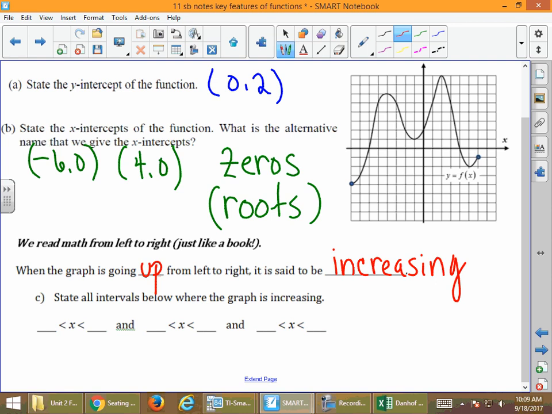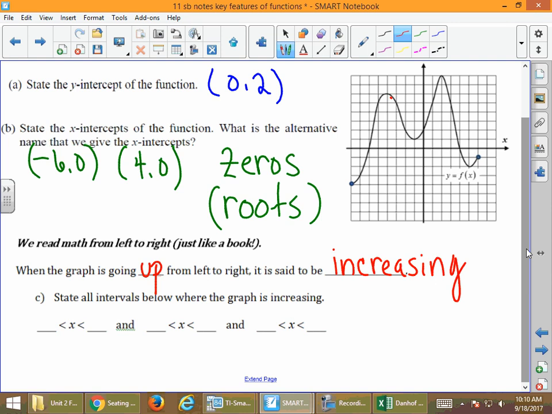When we identify where the graph is increasing, we look at the x values of our points. I'm going to say that one more time. When we're looking at where our graph is increasing, or decreasing, we're looking at the x values of the points. So we start on the far left of our graph at a blue point, and we go up, up, up, till we get to the very top of that part of the graph.